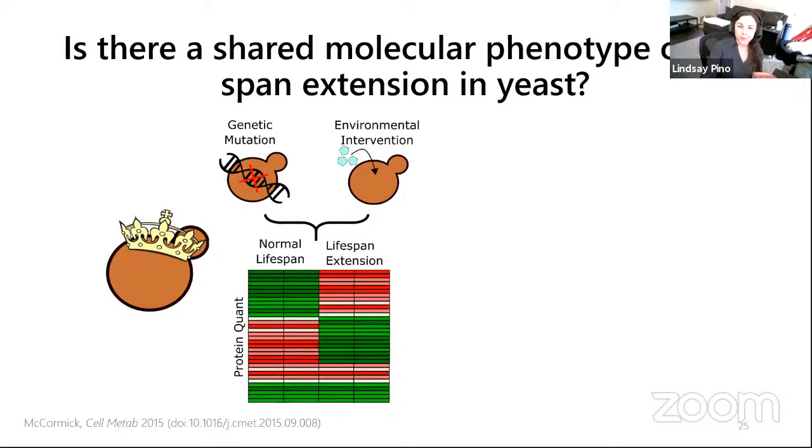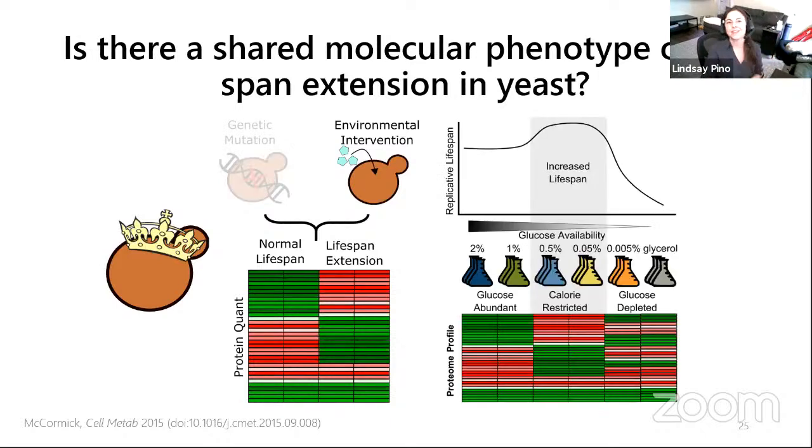So I put that disappointing result to the side and I said, okay, it's not single gene deletions. What about environmental interventions? It turns out you can put yeast on a diet just like a person, just by changing how much glucose it has available. At these higher glucose levels, calories are abundant, and the yeast has a phenotypically normal lifespan.